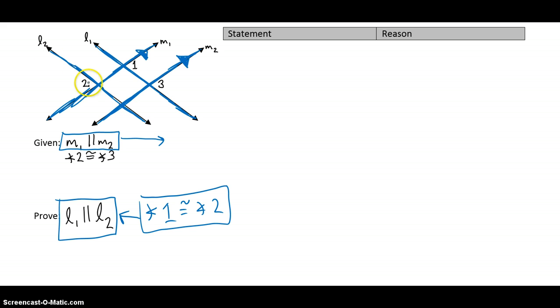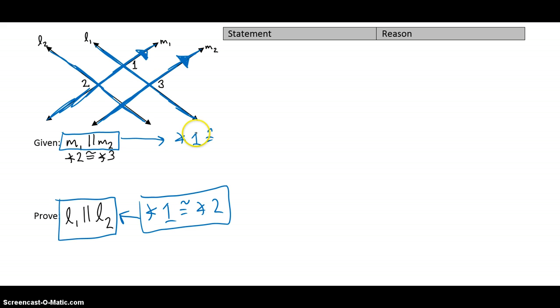L2 only has one angle labeled, and that's angle 2. But transversal L1 has two labeled angles, 1 and 3. And 1 and 3 are corresponding. Since our lines are parallel, which is given, my corresponding angles will be congruent.